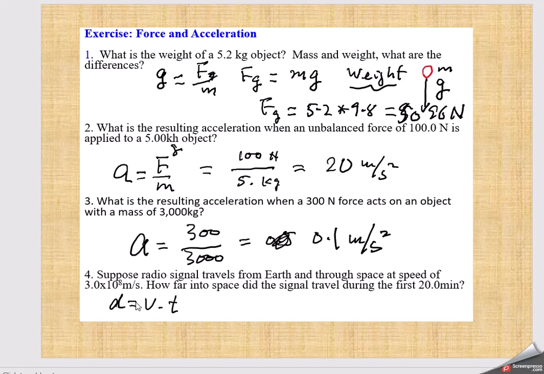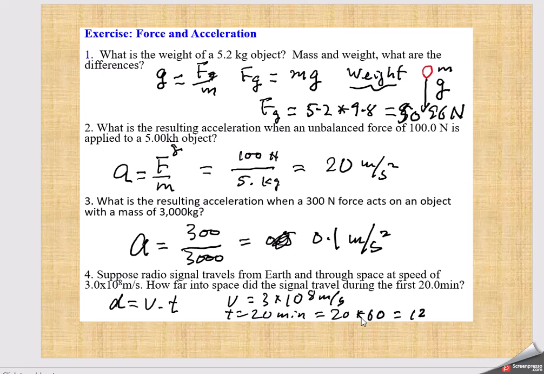So in this case, the velocity is very fast, 3 times 10 to the 8 meters per second, which means a lot of distance. And the time in this case is 20 minutes. Each minute, as you know, is 60 seconds. So therefore, we convert it to seconds.